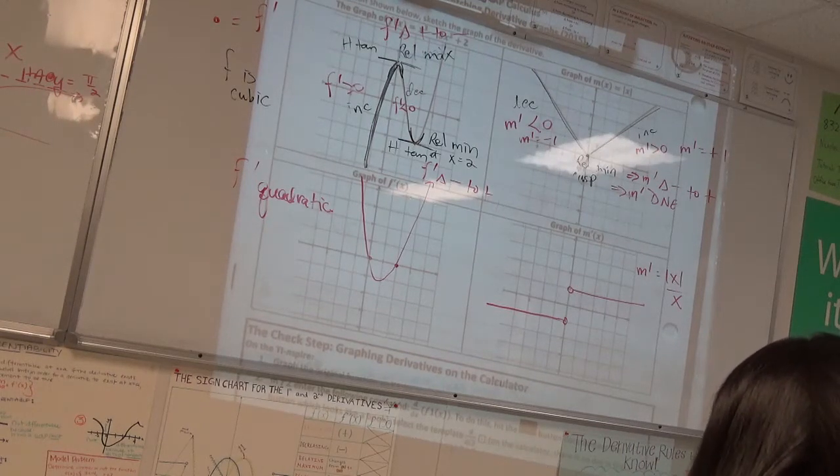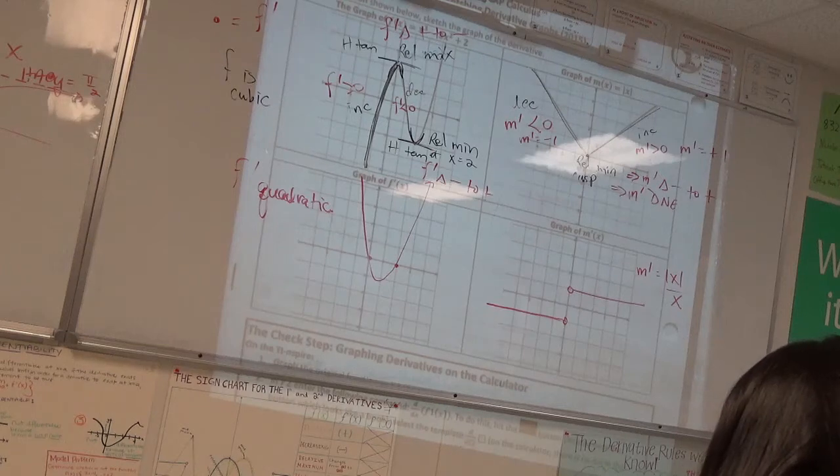There's 3 roots. There's 2 relative min.